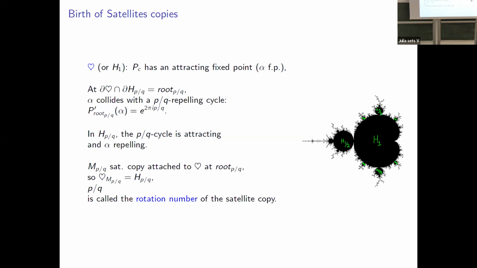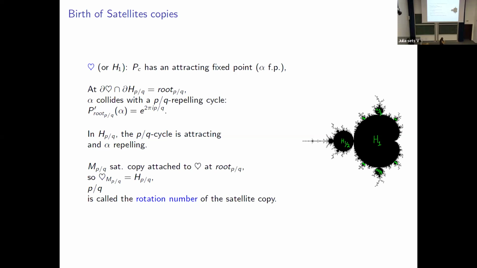It happens then when my attracting fixed point goes in the direction of one of these hyperbolic components, let's say here, it gets closer and closer to a repelling cycle of period 3 in this case, and rotation number 1/3.